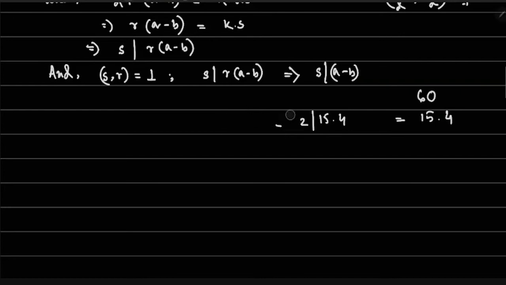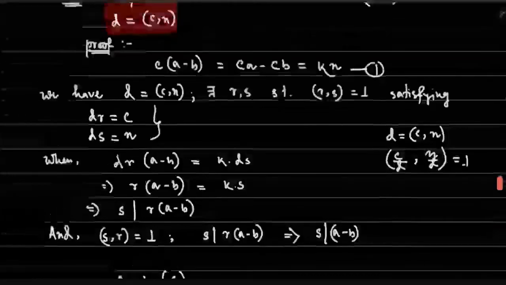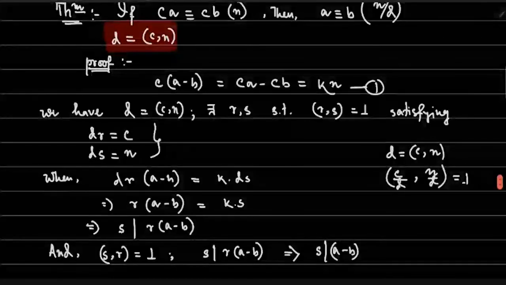So this observation is made that r and s are relatively prime, and s divides r into a minus b, then s divides a minus b, then a is congruent to b mod s. Now what is my mod? What is my s? s is simply n by d.